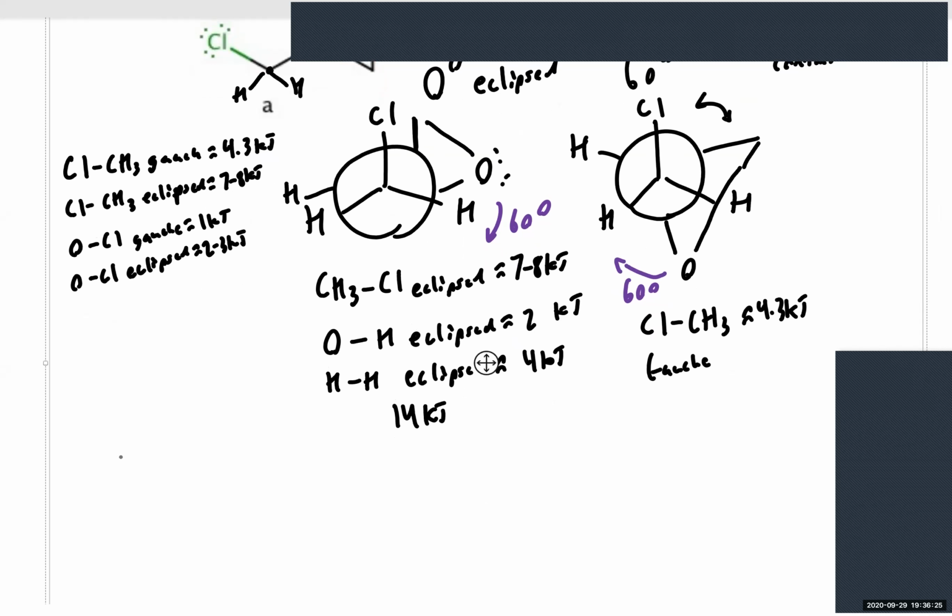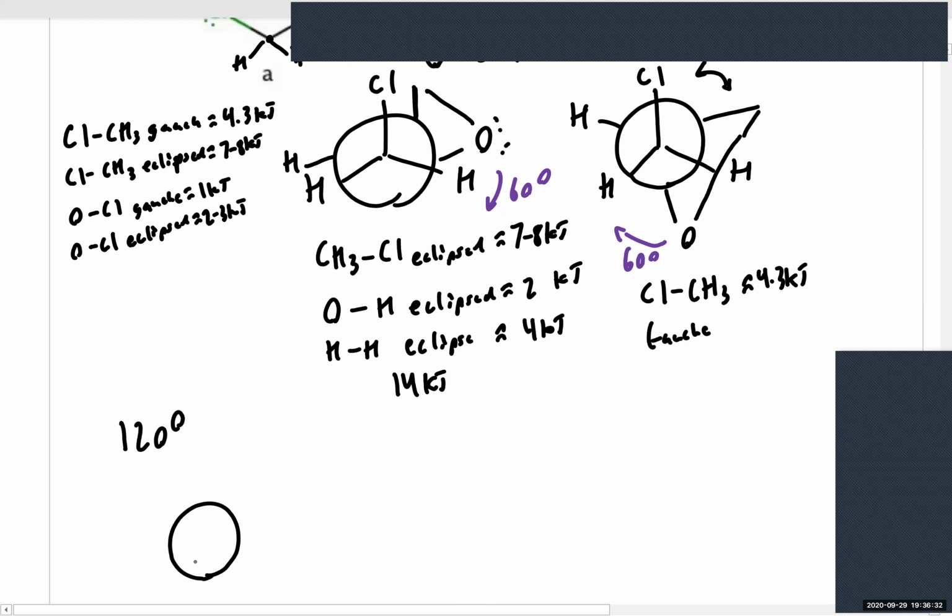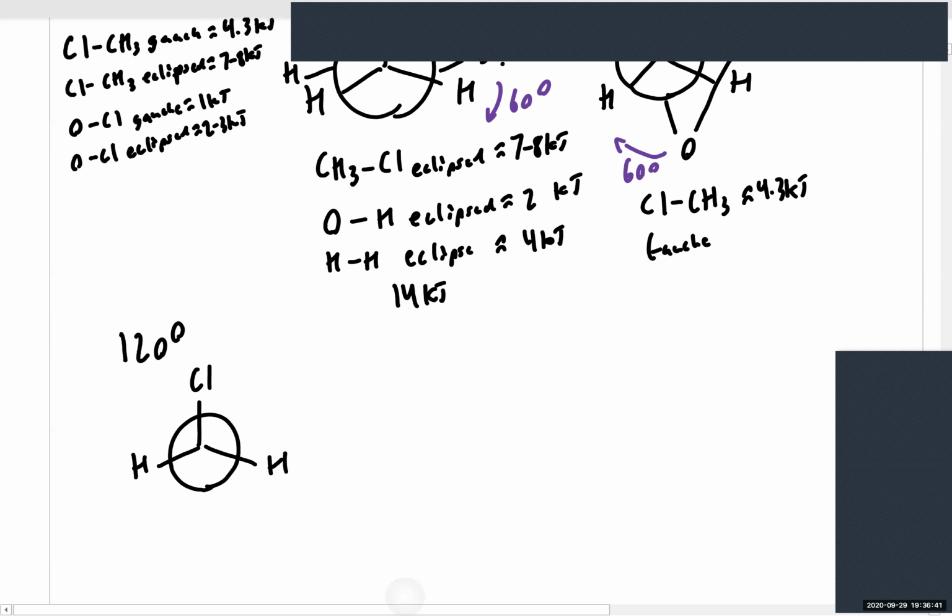In which case, we end up with the 120 degrees structure. And we have, in this case, another eclipsed conformation. In this case, we have an oxygen-hydrogen eclipsing interaction, which costs us around 2 kilojoules.